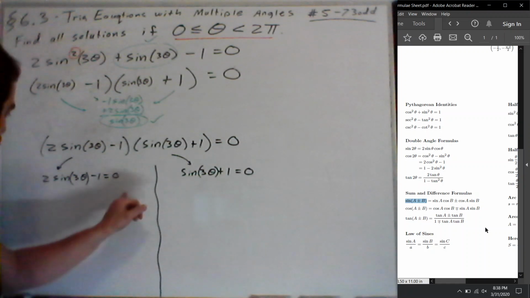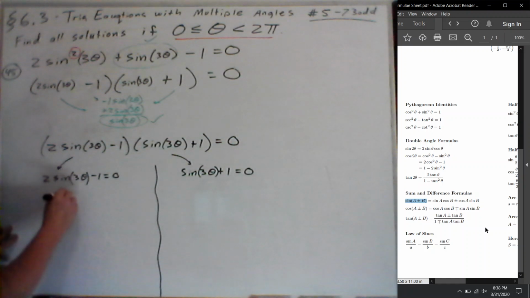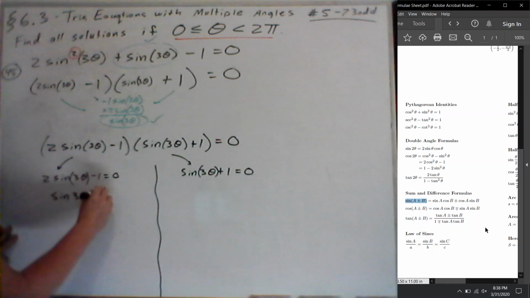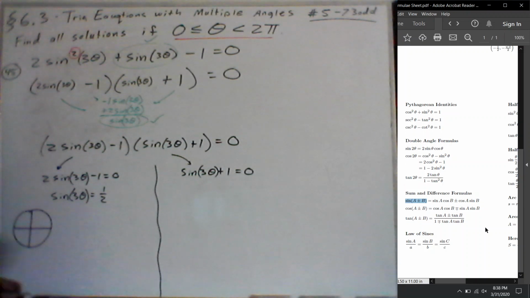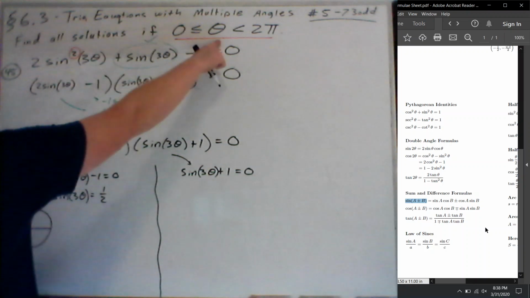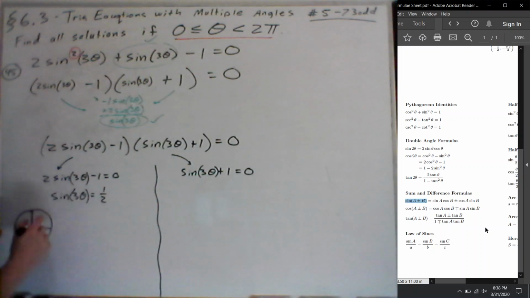Add 1, divide by 2. I get sine of 3 theta has to be 1/2. Which means, again, I'm looking for this angle 3 theta to spit out 1/2 when I plug it into the sine function. So that tells me, and again, I'm in radians, I'm in quadrant 1 or quadrant 2.